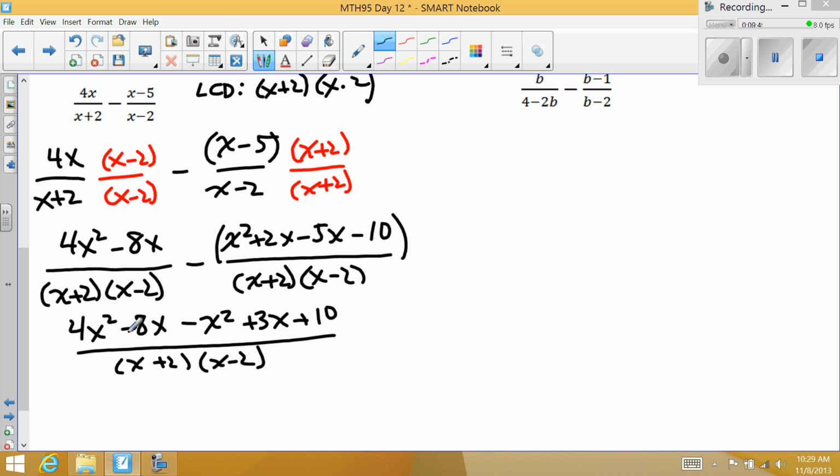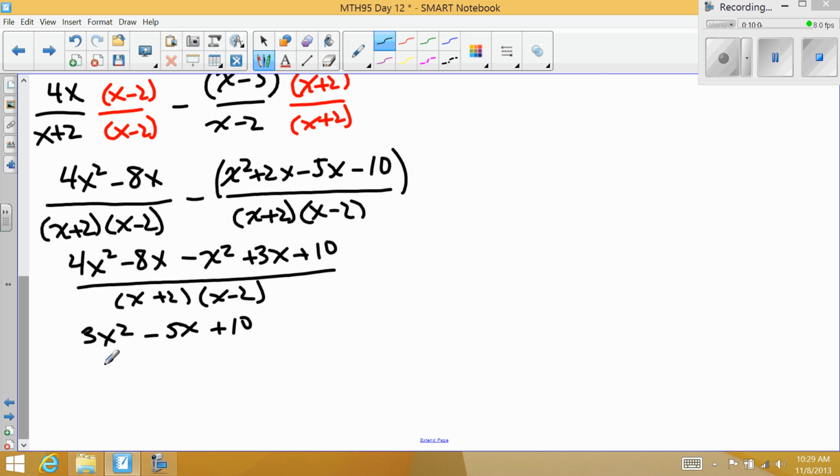So I've got some like terms. 4x squared subtract x squared is 3x squared. Negative 8x plus 3x is subtract 5x, and then I've got a plus 10 all over x plus 2, x subtract 2. And I'm pretty sure that I am done.